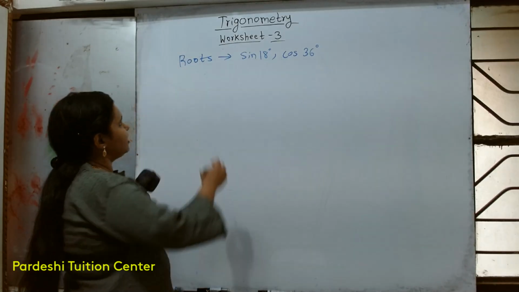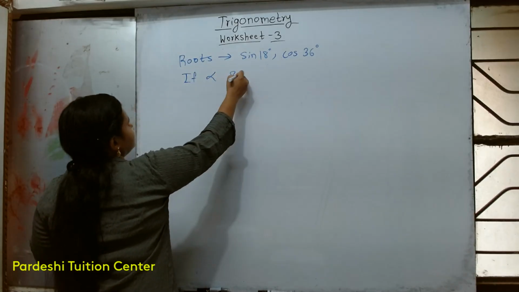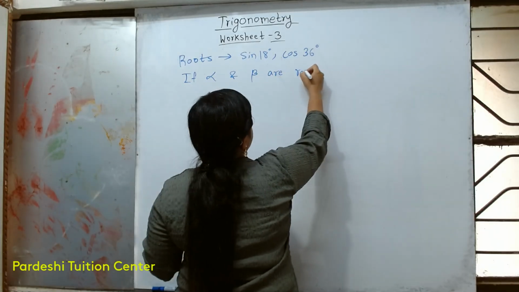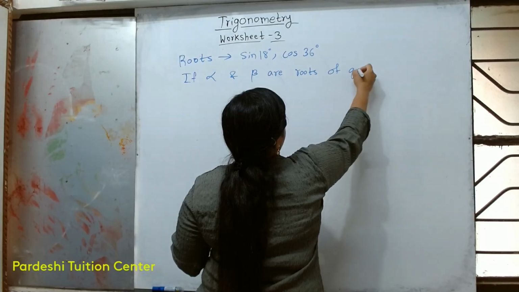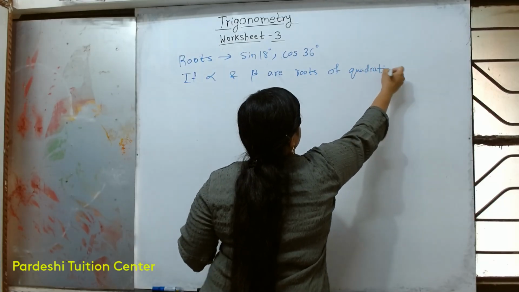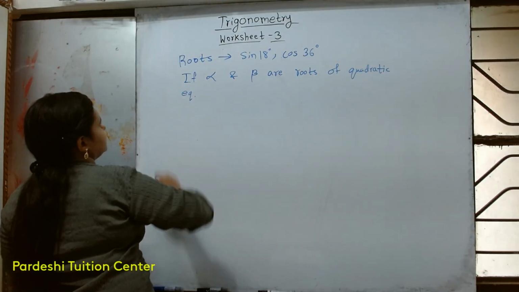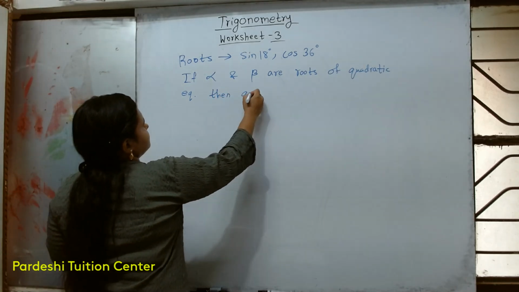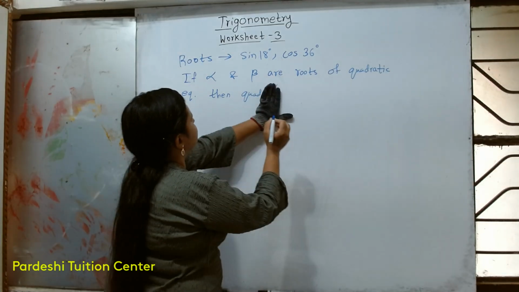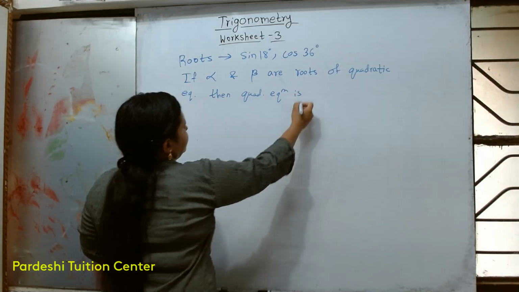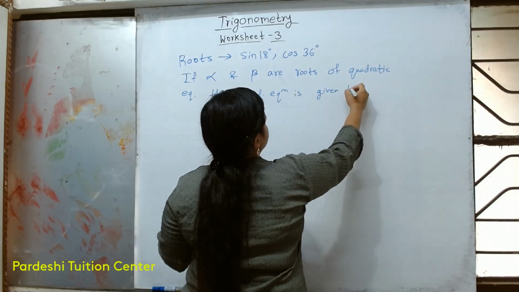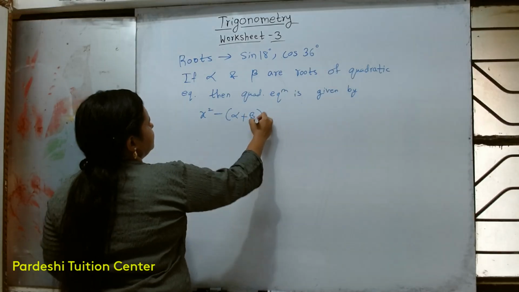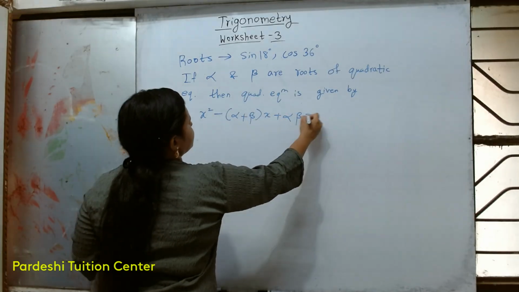If alpha and beta are roots of a quadratic equation, then the quadratic equation is given by x square minus alpha plus beta into x plus alpha beta is equals to 0.